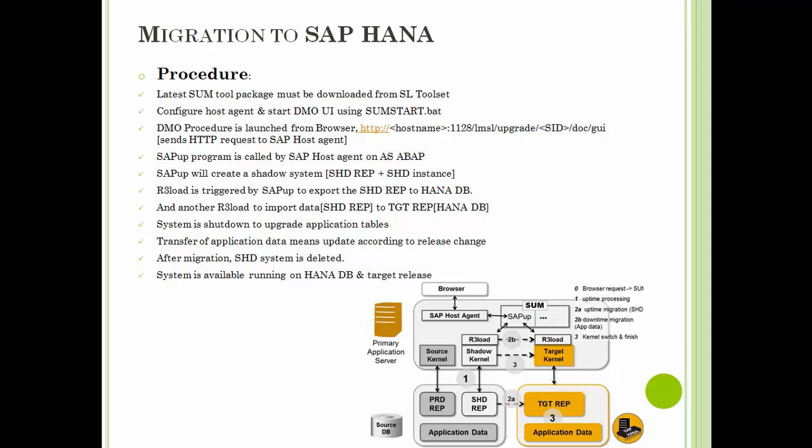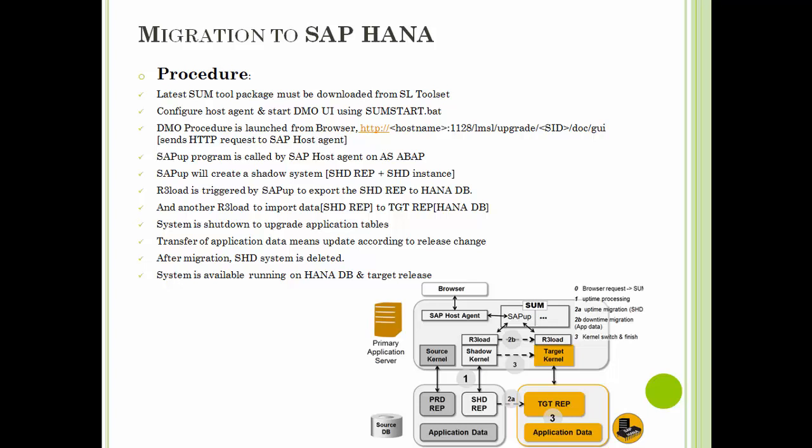And we should also know what the necessary software downloads required are. We should have some package tool, and we should have software component upgrade packages available. We should have SPAM/SAINT update packages. We should have the HANA client package, and we should have source and target kernel packages.